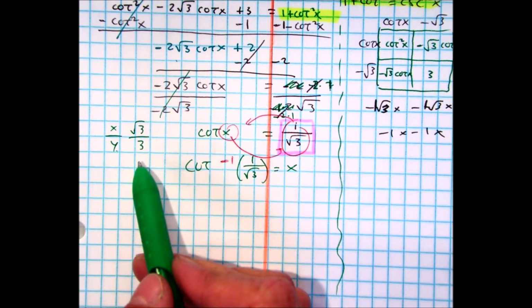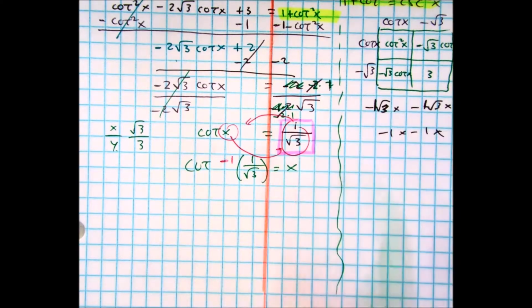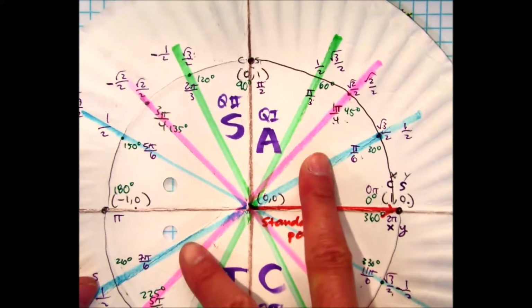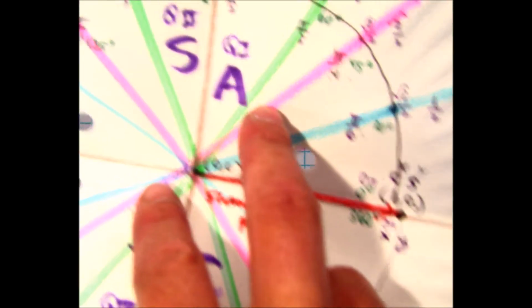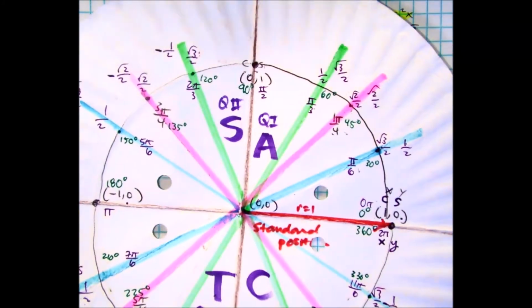Are you following me? So here, I have an x over a y. I can find that. Put your finger on where cotangent is positive. Now I'm looking for an x value of 1 and a y value of radical 3. Where is that?